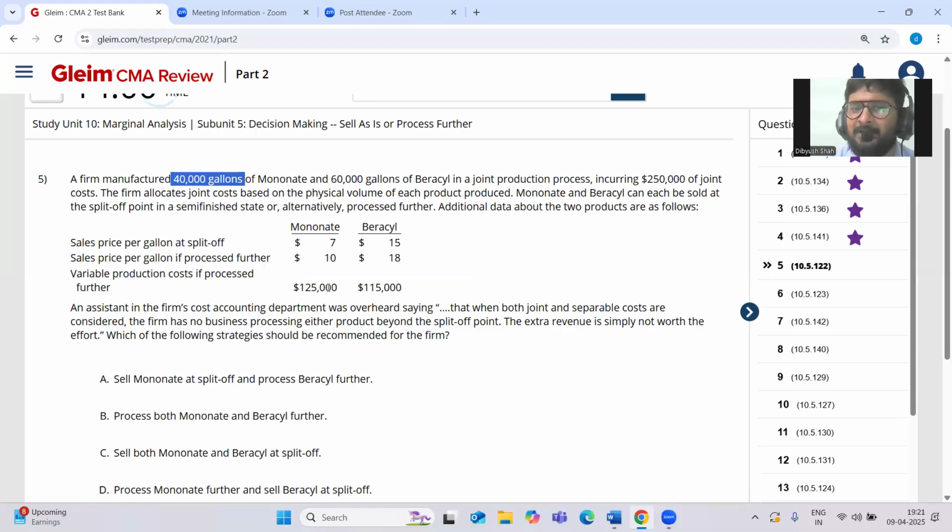And what is incremental processing cost? $1,25,000. Cost is higher than the revenue. I should not process it further.